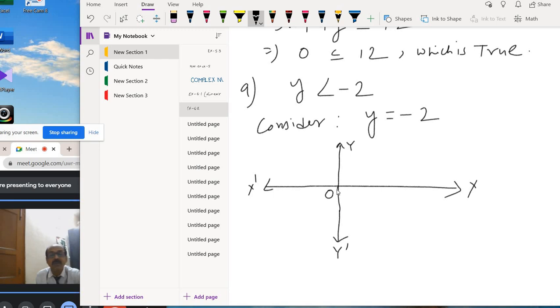So 1, 2. Suppose this is 2, y -2, this point. Y equal to -2 and x can be any number. When y equal to -2, x can be any point. That means this is the line.